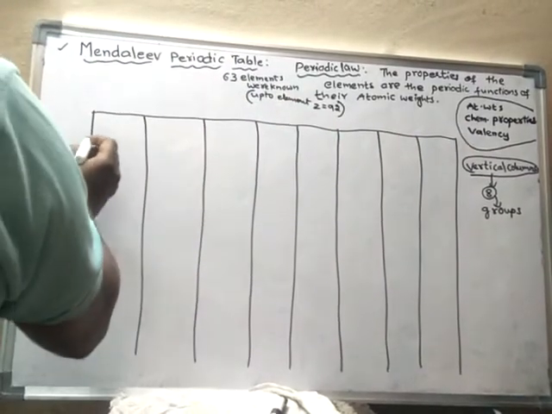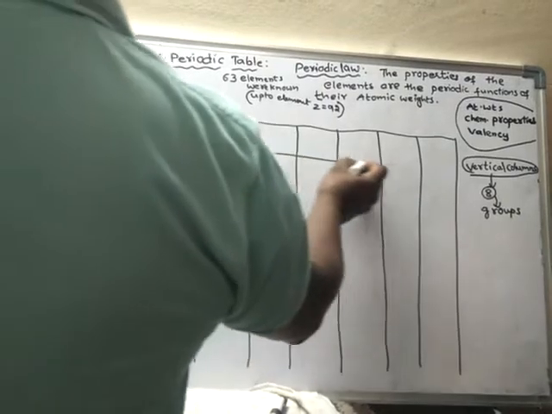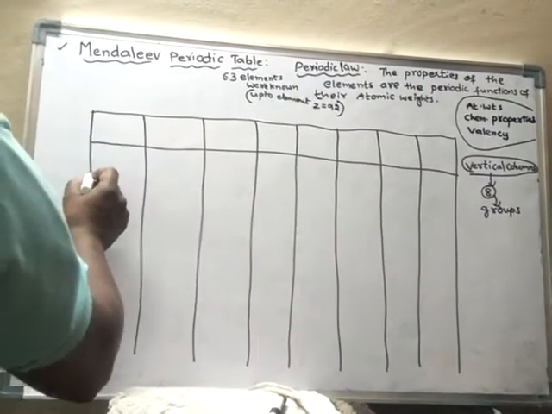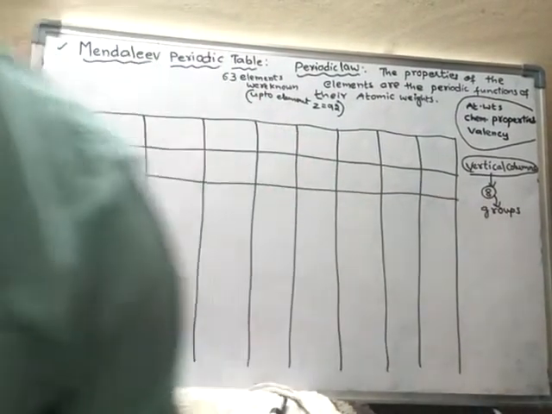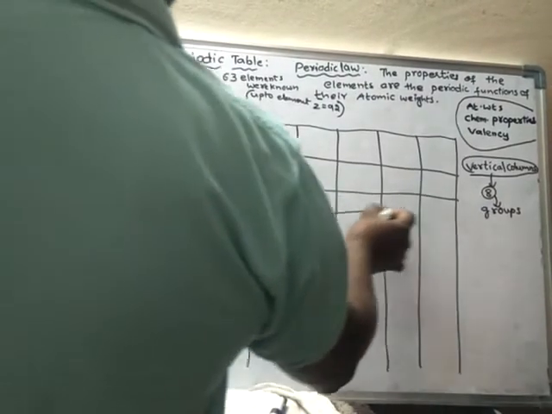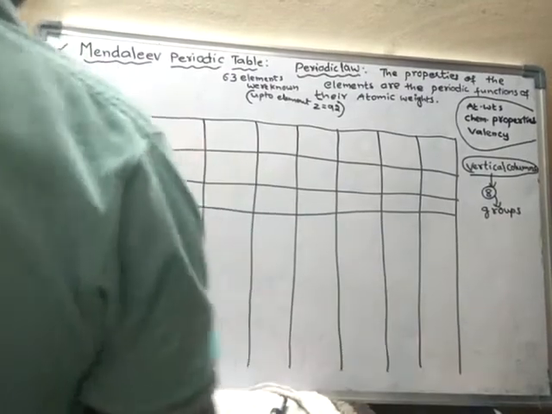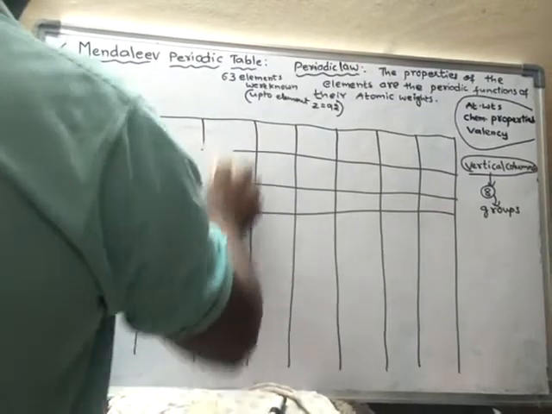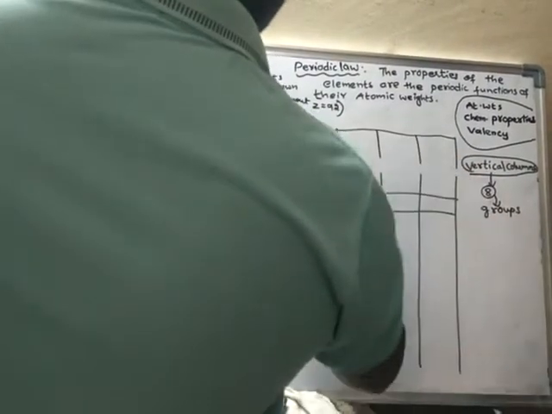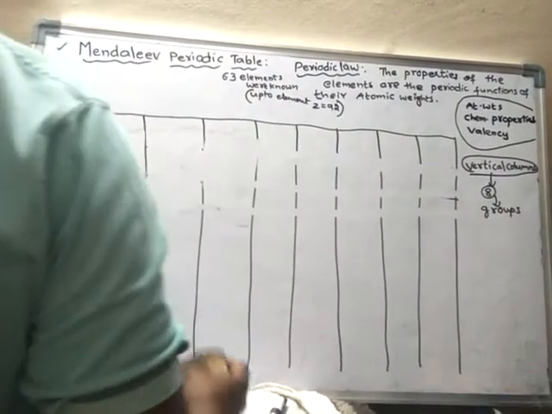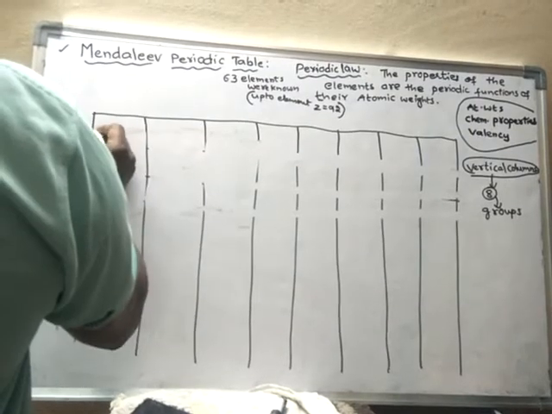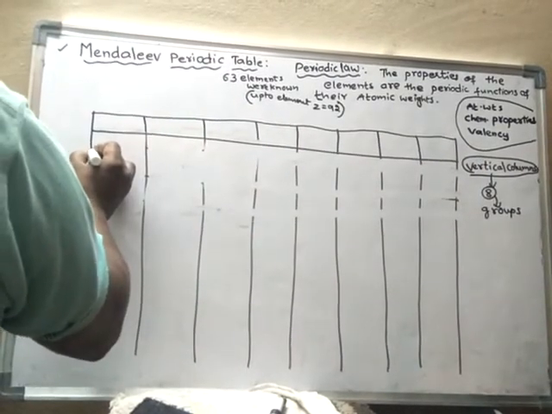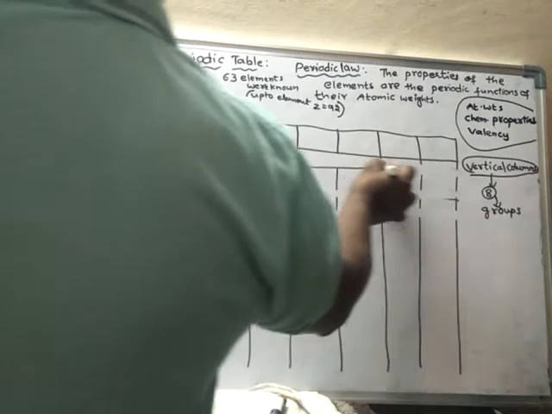And horizontal rows: 7 horizontal rows. So this is one horizontal row, this is another horizontal row, another horizontal row, another horizontal row.